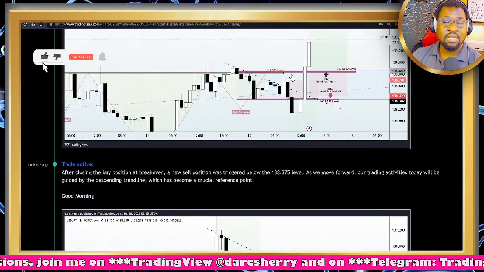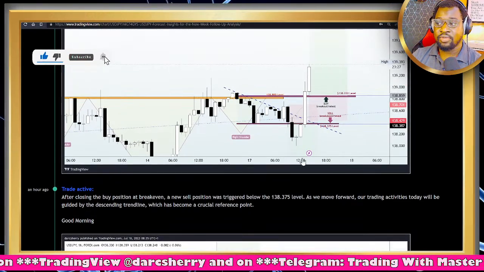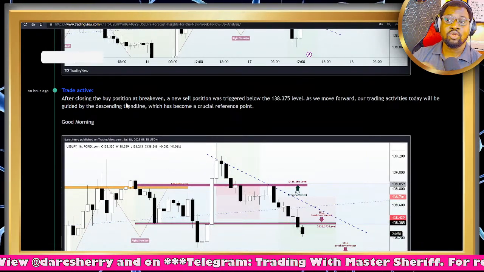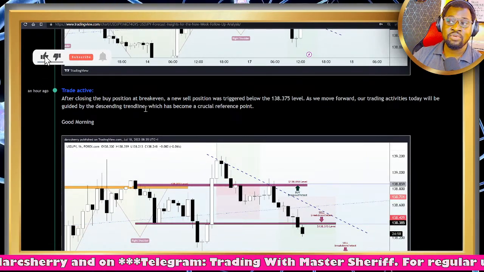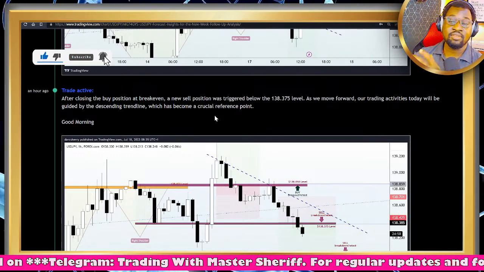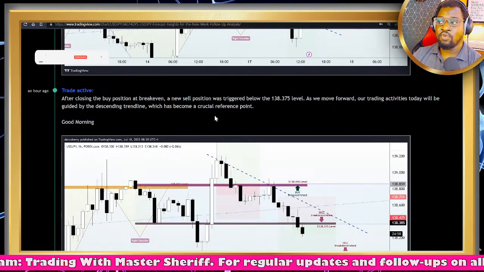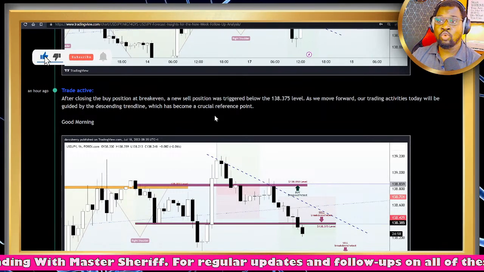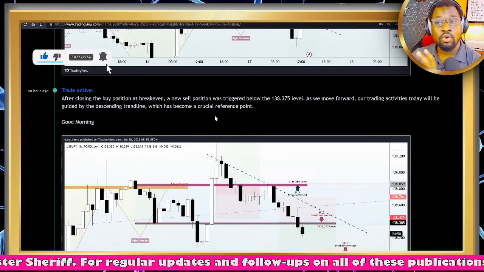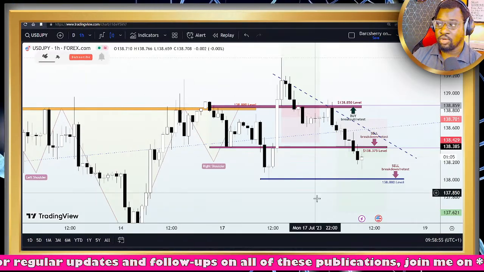Price moved up 50 pips, moved our stop loss, taking out at a modest size of profit. And this morning here, I shared that after closing the buy position at break even, a new sell position was triggered below the 138.375, had the breakdown retest of that level. As we move forward, our trading activities today will be guided by the descending trend line, which has become a crucial reference point. Now let's go back into the live chart to deliberate on this.